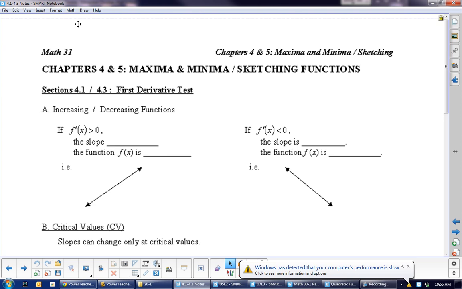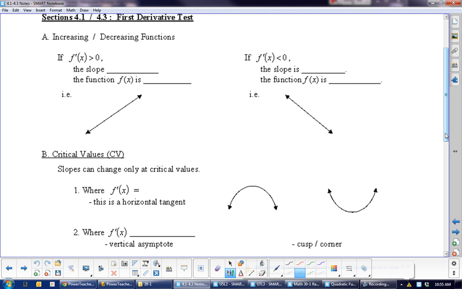Now, we have been working with these things called derivatives, so let's talk about where a derivative can help us. Okay? Now, if you do the first derivative test and you find that when you do that derivative, it's greater than 0, the slope is positive.